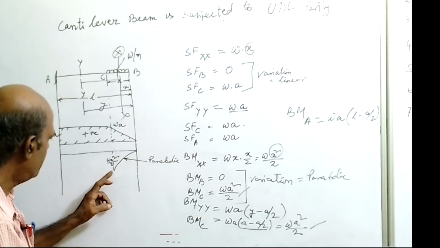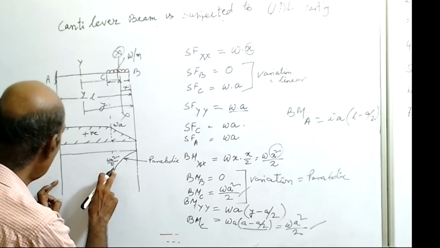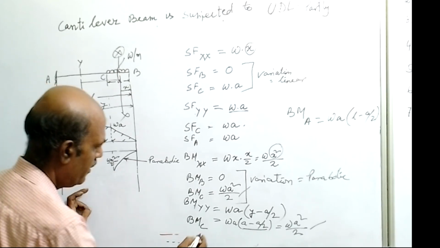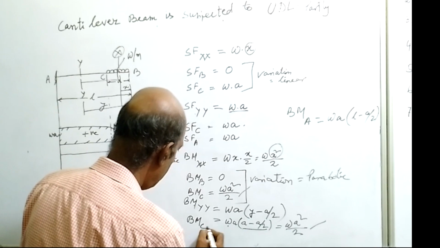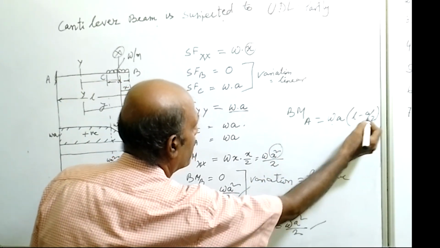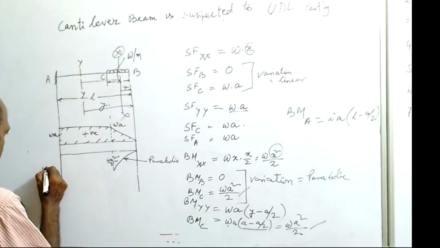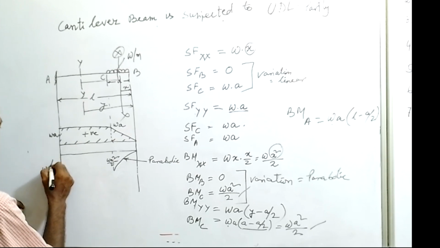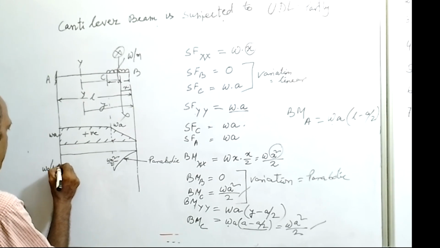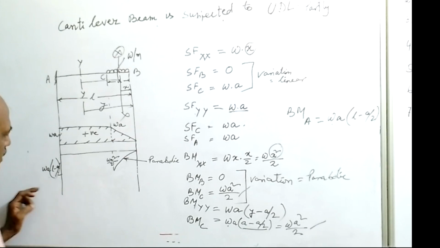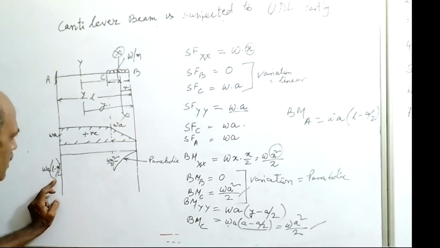Okay. And this side, from point C to A. At point A, what is the value? W a into L minus a by 2. You measure this distance with some suitable scale.